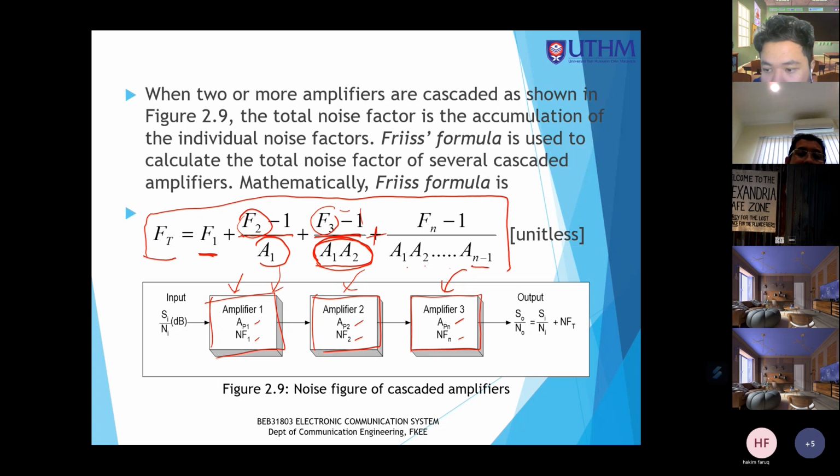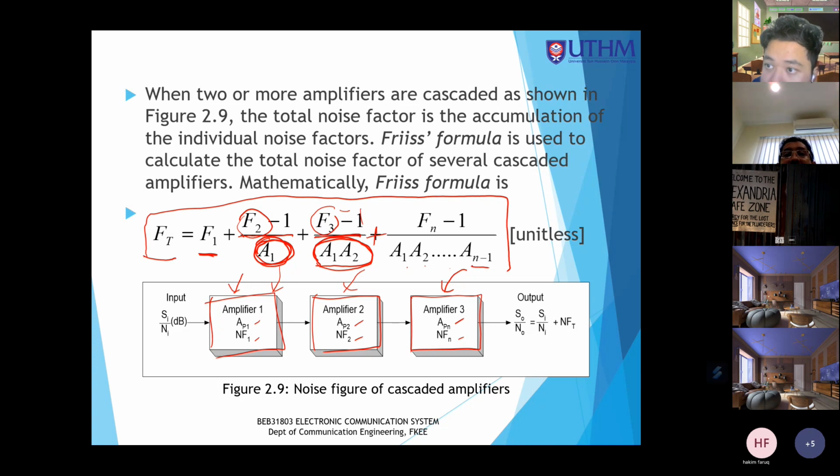Okay, remember class, especially for the gain, yang mana gain ni kadang-kadang kita bagi dalam sebutan decibel. So pelajar dia masukkan juga nilai decibel tu tanpa menukarnya. Kalau diberi dalam decibel, you kena buat anti-log. Okay, jika diberikan dalam decibel untuk gain, for example, you need to change it into unitless parameter.